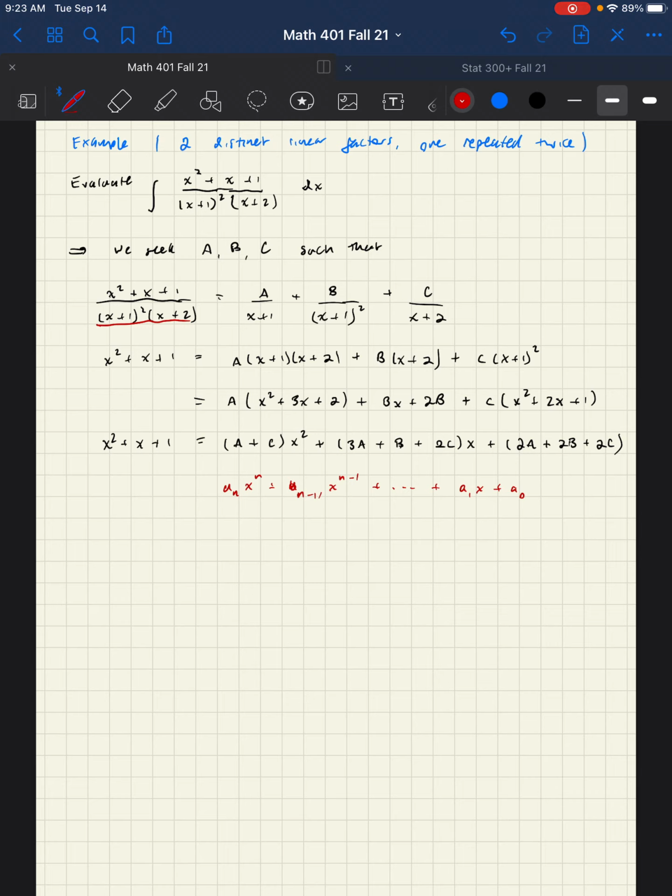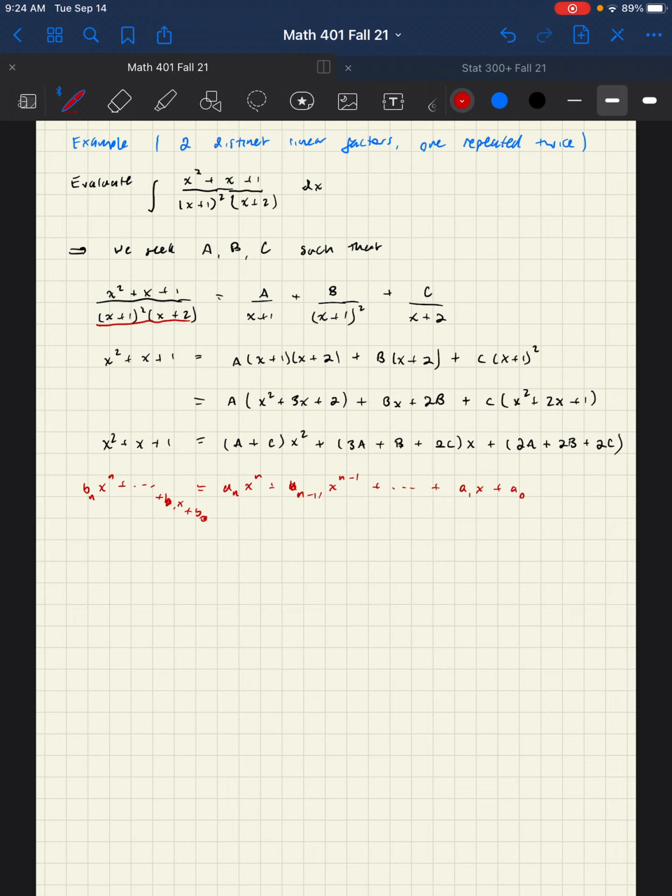We know this. This is how we usually represent polynomials. And because of this, if we have some other expression for it on the other side, so let's call it b sub n x to the n plus dot dot dot plus b sub 1 x plus b sub 0, or b naught.